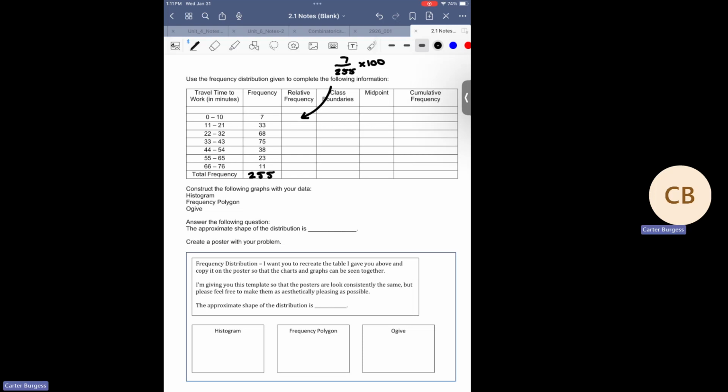And when we do that, I get about 2.9%... doing that 7 out of 255, and then multiplying by 100, no, 2.7 rather. Thank you for checking me on that. 2.7% for that.